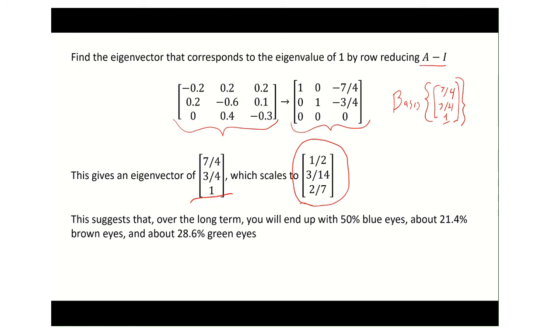In other words, your probabilities of being in each state at the next step are the exact same as what you started with. So this suggests that over the long term, you end up with 50% blue eyes, 3/14, which is about 21.4%, brown eyes, and 2/7, or about 28.6%, green eyes.